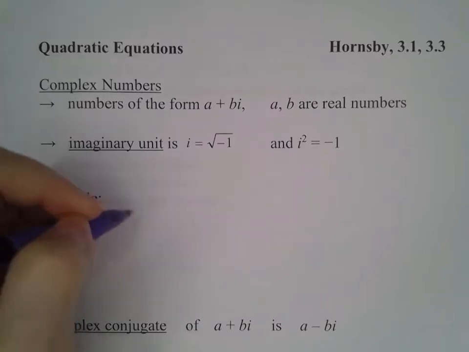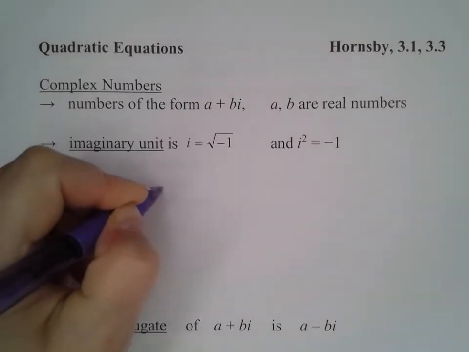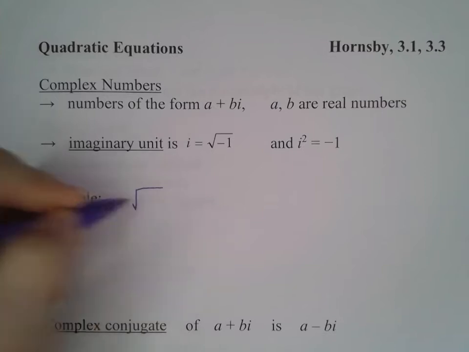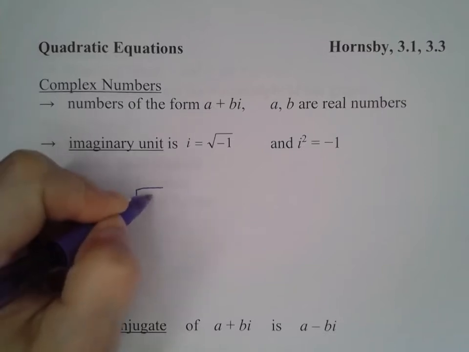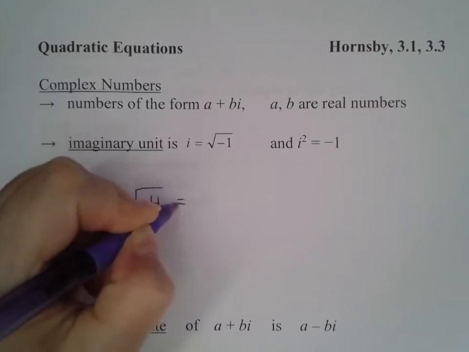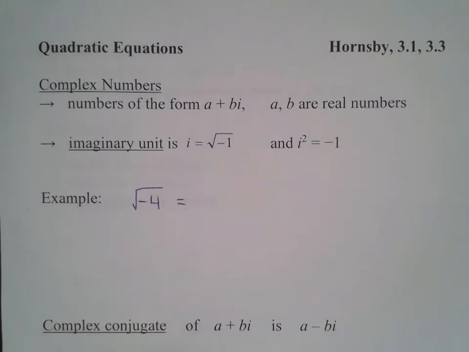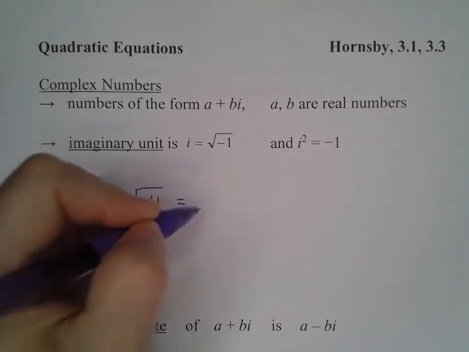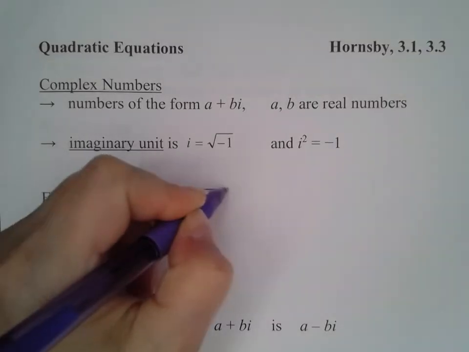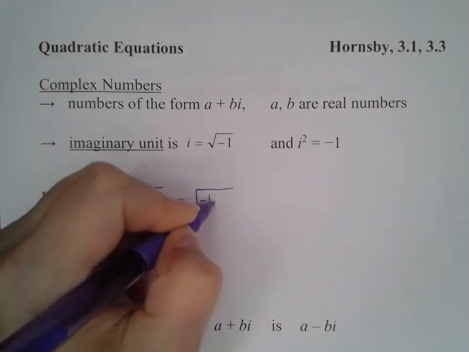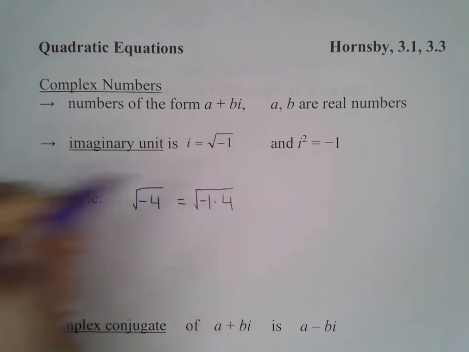In this section, we're going to see this most when we use the quadratic formula or we solve by the square root method. So we might need to simplify the square root of a negative number. For example, the square root of -4, right? I'll break this out for you so you can see the reasoning behind the result that we get.